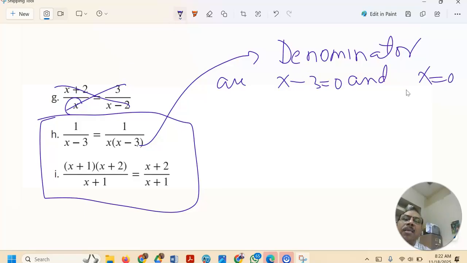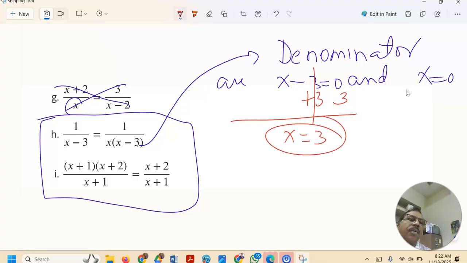So when you add 3 to this side and 3 to this side, this crosses out and you get x equals 3. See how beautiful? This is already done for us. So these are the two pieces that cannot be solutions.